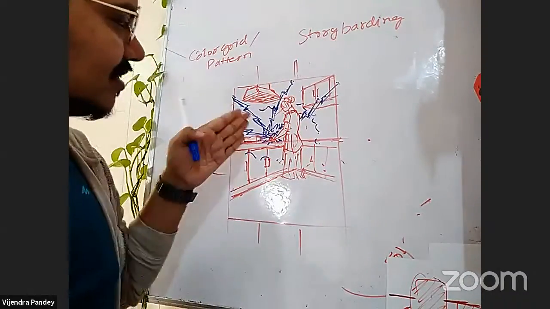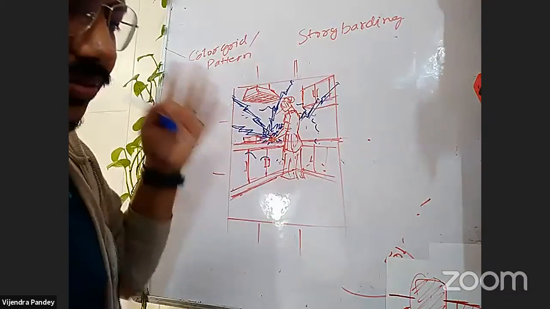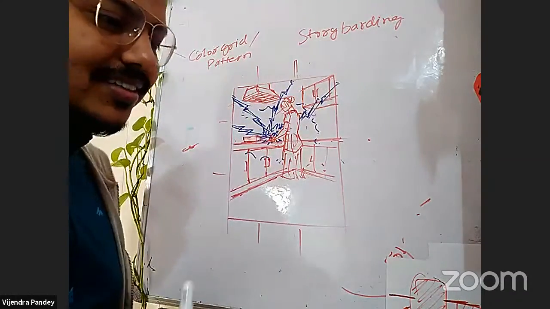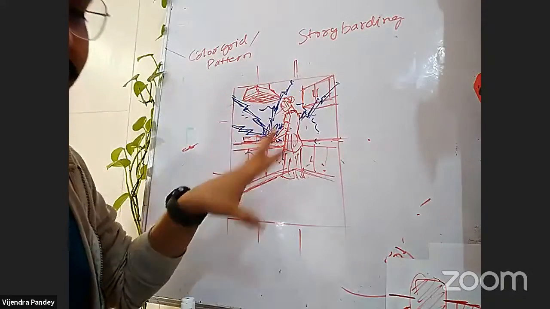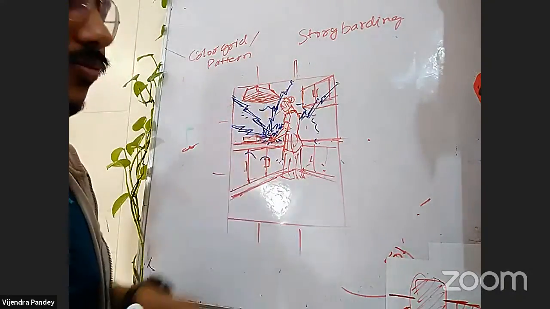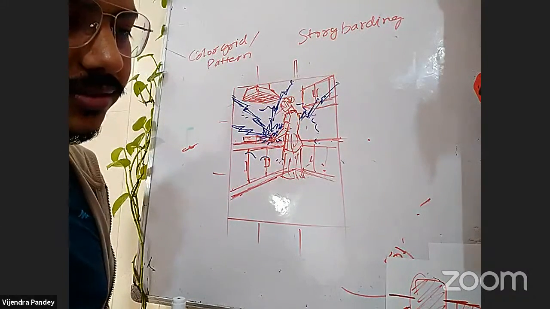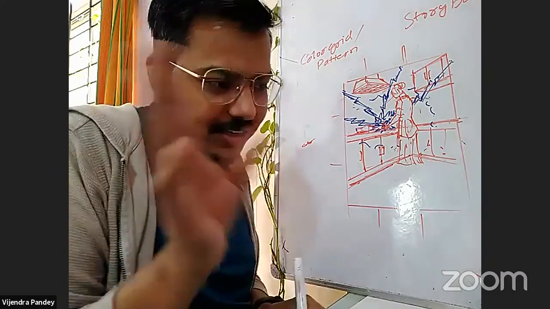Thunderbolt is very quick, so uska reaction aate aate, boom. So that moment it can be justified. And the reaction, of course, will be very quick. So you can't even move.